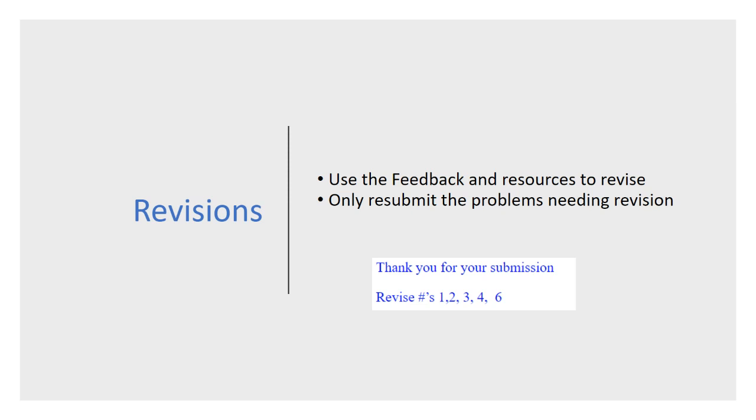It delays your feedback, and sometimes I'll miss things because I looked at the wrong problem. Just make it as easy as possible to get your feedback so you don't get delayed in getting graded.